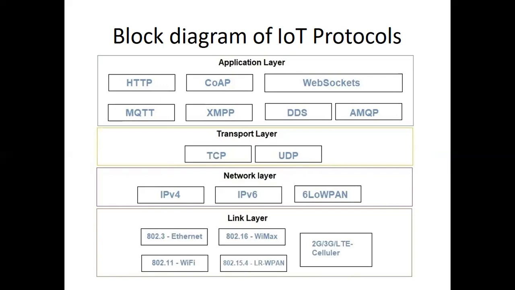Next is the network layer. In the network layer, mainly IPv4 and IPv6 are used, and in the transport layer there are two protocols, TCP and UDP. MQTT, message queuing telemetry transport, is based on the TCP protocol, whereas the CoAP protocol is based on the UDP protocol. These are the transport layer protocols for IoT-based applications. Next is the application layer.